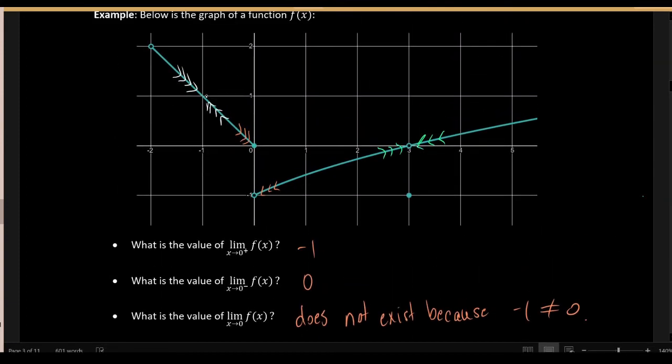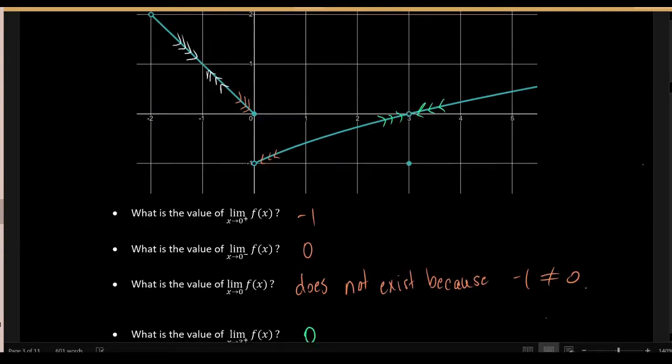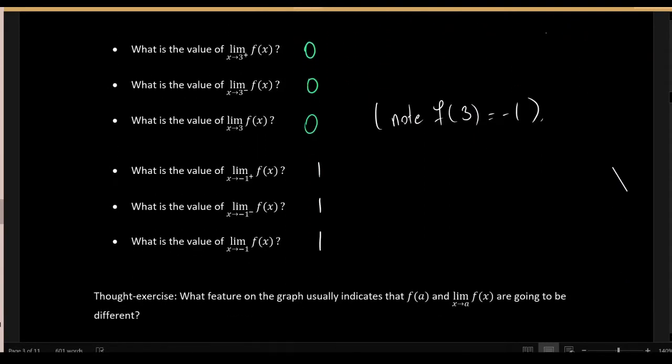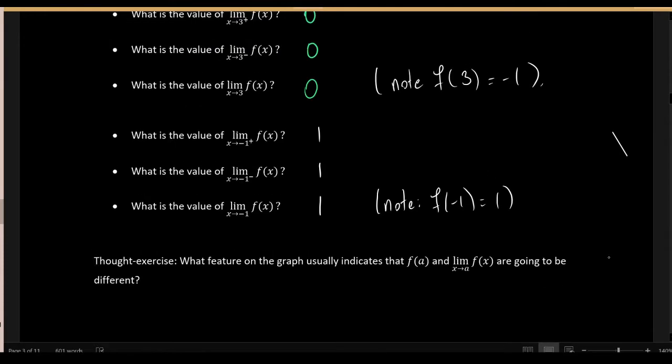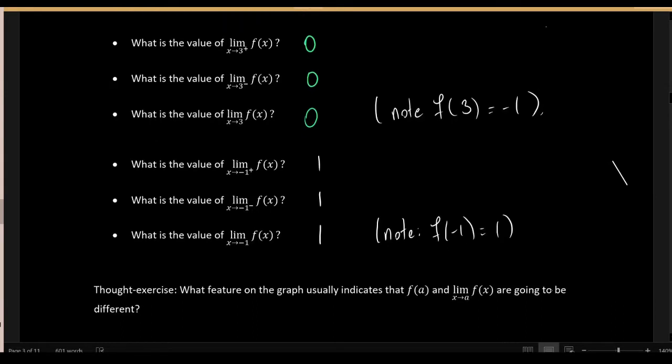At x equals -1, there is no hole in the graph, and as a result, if I plug in -1, I get this same y value of +1 that I got from the limit. So what feature on the graph might indicate that the function's output value and the limit's value would be different?